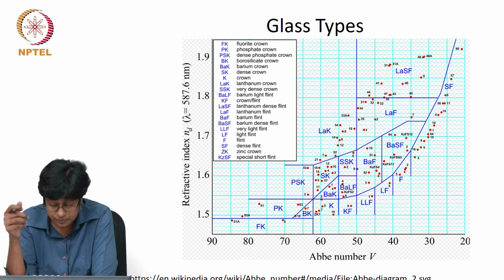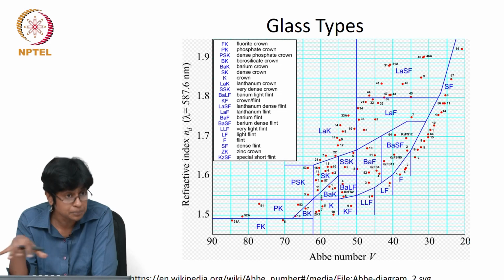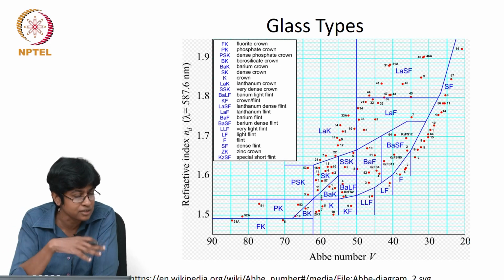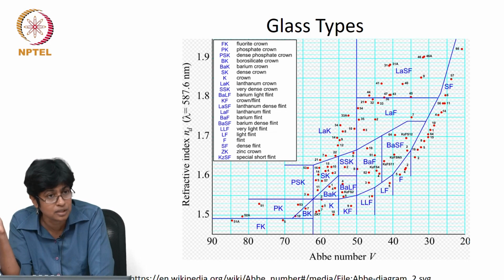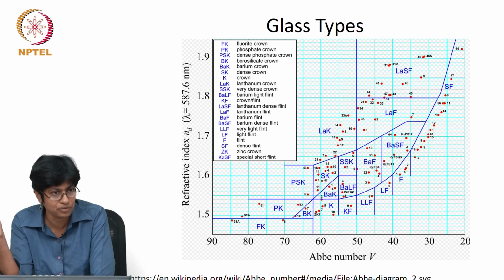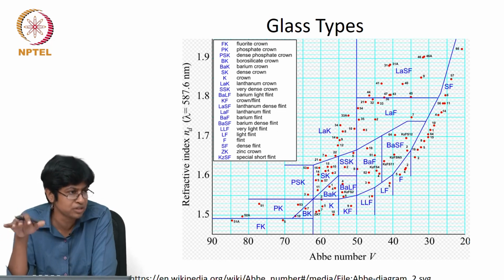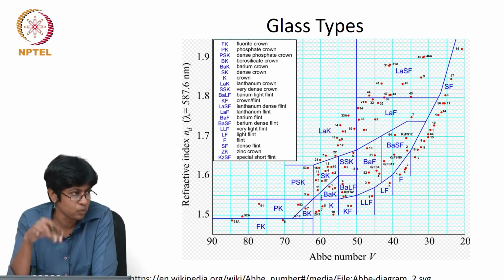And this is only the glass types that are used in the visible range. We haven't even looked at what happens when we move into the ultraviolet, the infrared or mid-infrared or deep infrared and so on. These are only the glass types that we usually use in the visible range. And you can see there's such a huge variety of glass types. Why would you pick one glass type over another?